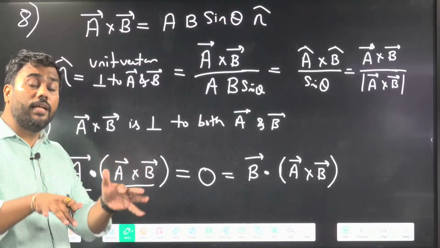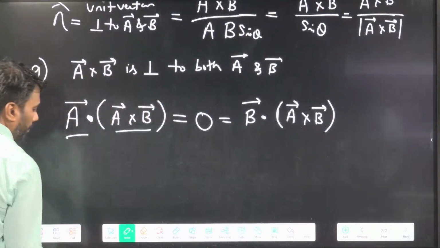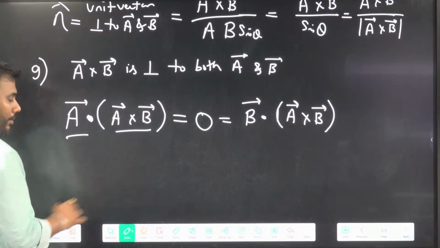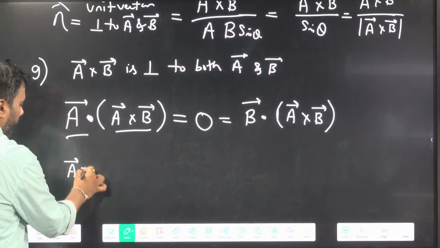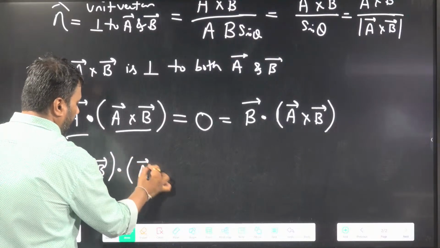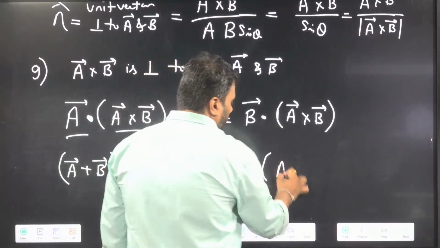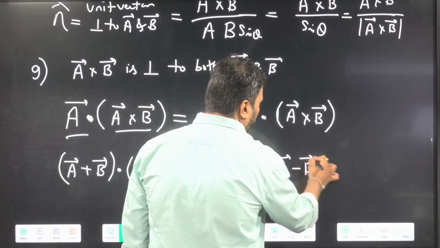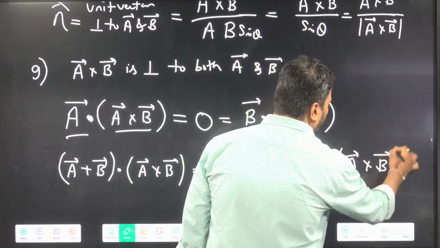And A plus B and A minus B lie in the plane of A and B. If you add or subtract A and B, they will be in the plane of A and B. So A plus B dot A cross B is also 0, and A minus B dot A cross B is also 0.